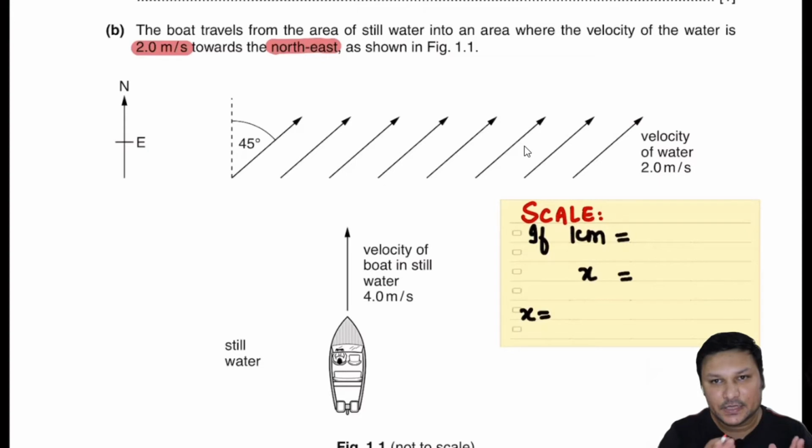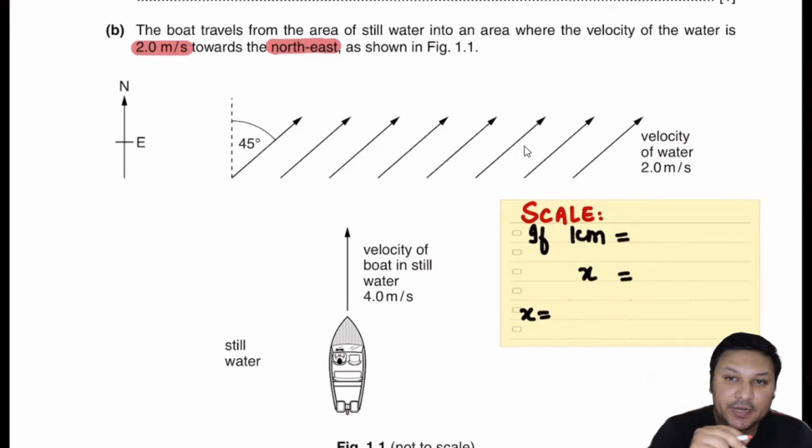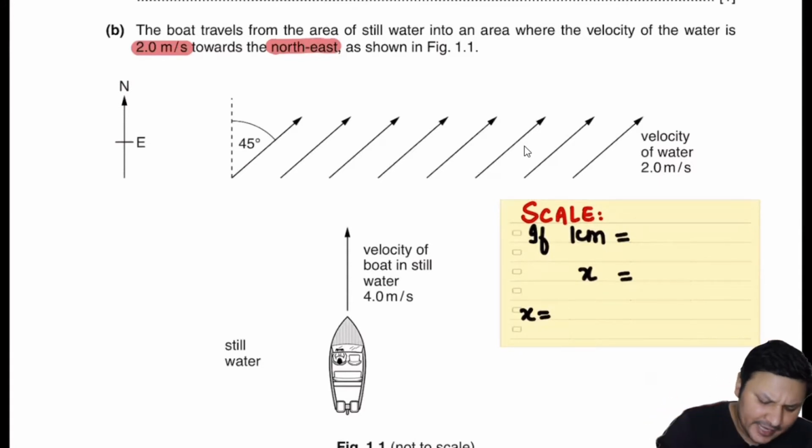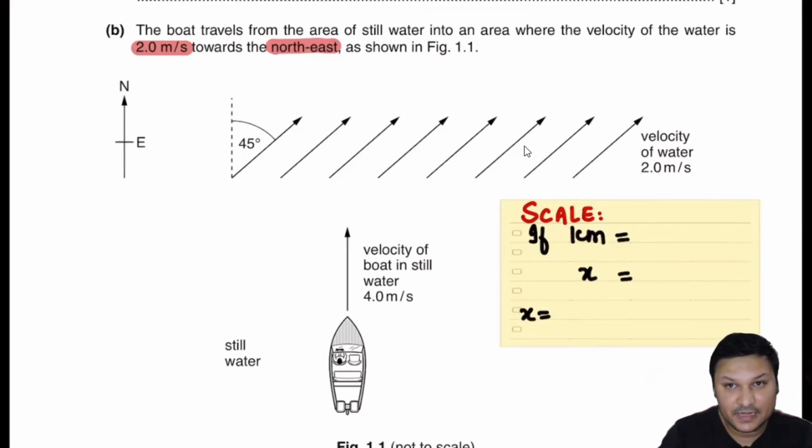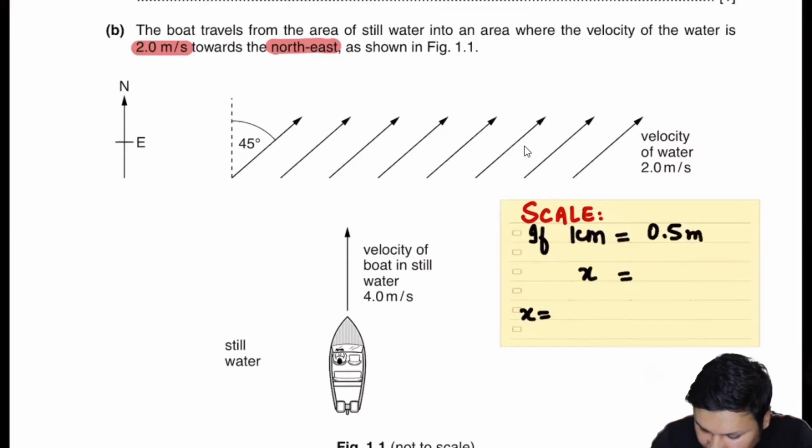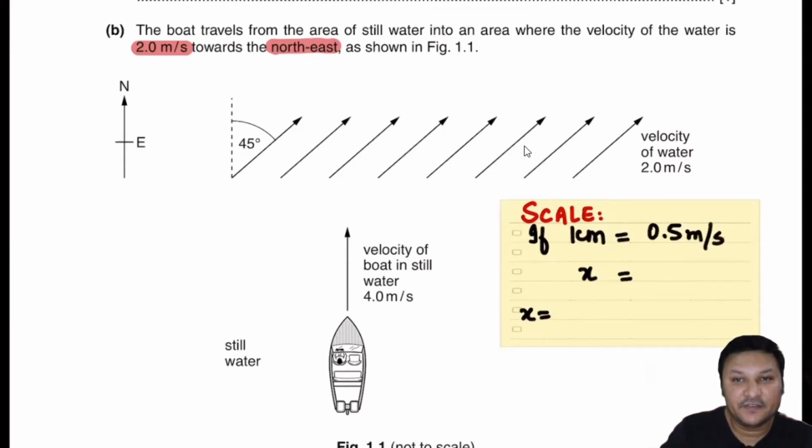So if I make scale according to my given vectors, I suggested in the previous video that you always start your scale from unity. That is, if 1 centimeter equals, in my case, I am considering a sensible scale of 0.5 meter per second. If 1 centimeter represents 0.5 meters per second, so x centimeter represents, let's say, 4 meter per second.